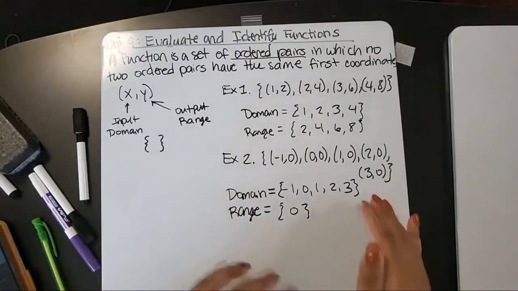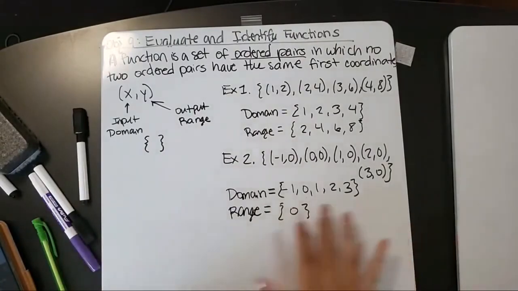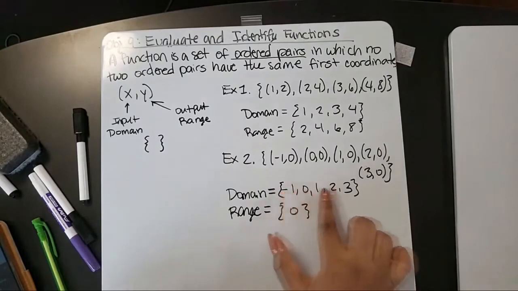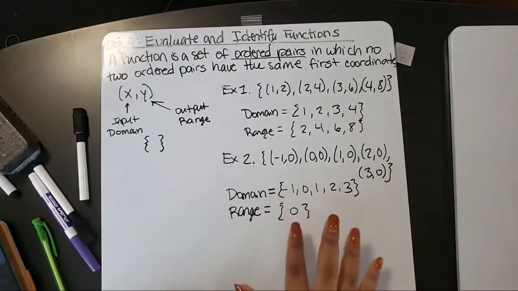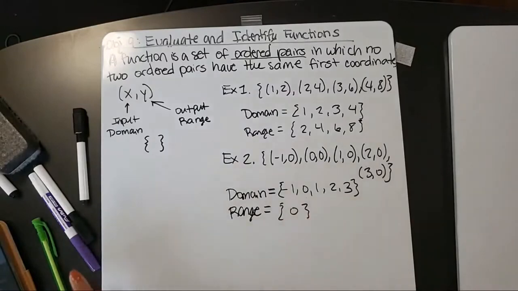Another cool thing about writing numbers in a set, you have to write them in order from least to greatest. And if that number appears more than one time, you don't have to write it over and over again. All right. So that's the awesome thing about writing numbers in the set.